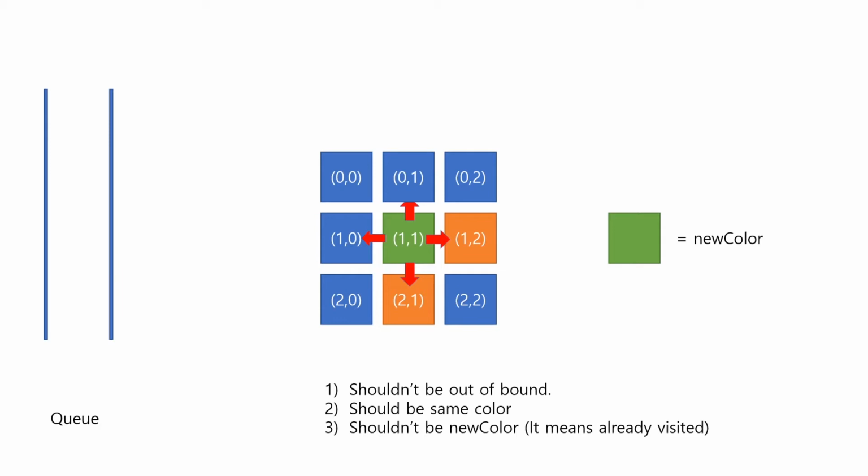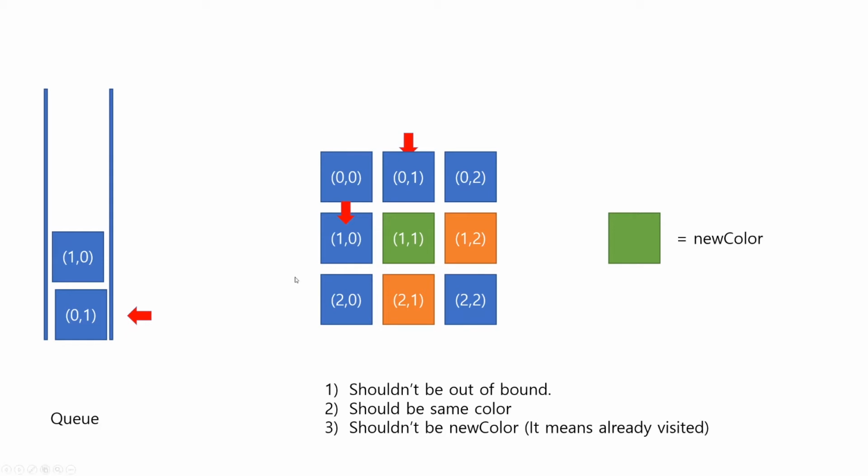If it is the new color, green in this case, it means we already visited that position and colored it, so we don't have to visit again, because it is a waste of time, right? With these three conditions, we can make the choice of which way to move.